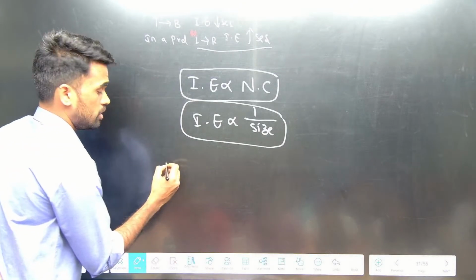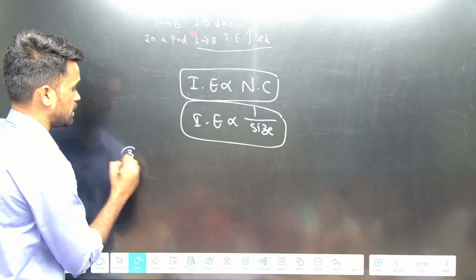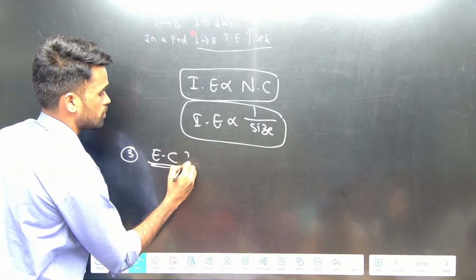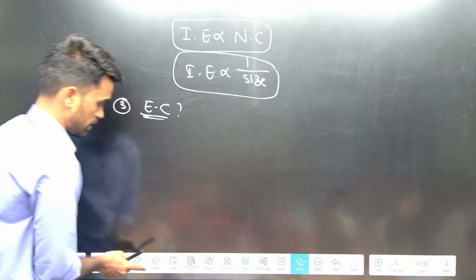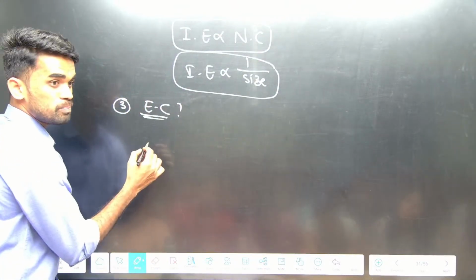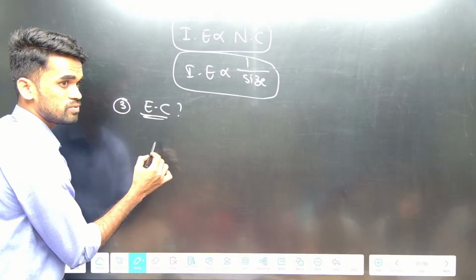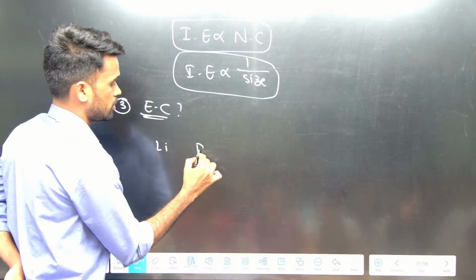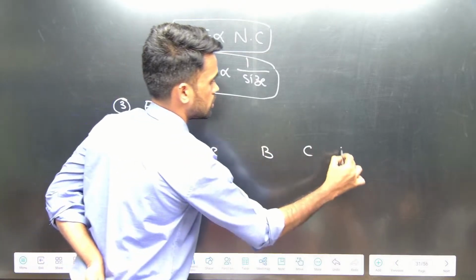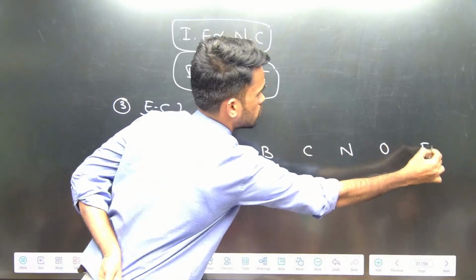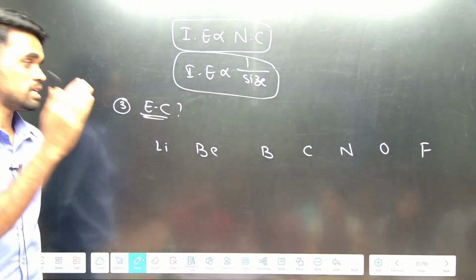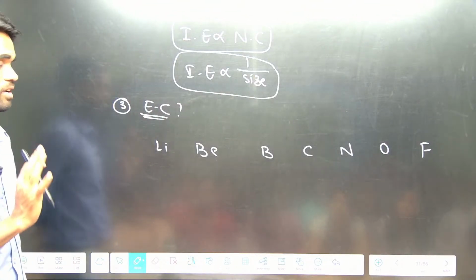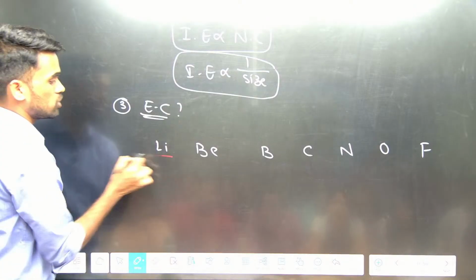What about electronic configuration? The third factor is electronic configuration. So when it comes to electronic configuration, see, second period elements first. Tell me, what are the elements we have? Lithium. Please try to listen to this very carefully, because from here we can expect questions. Okay. So its electronic configuration, you tell me.